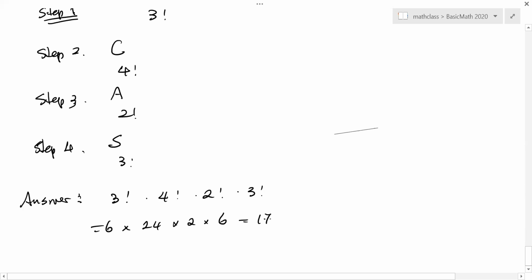If you multiply it out, 1,728. So you have to divide the procedure into several steps, and count the number of choices for each step. That's the key point.